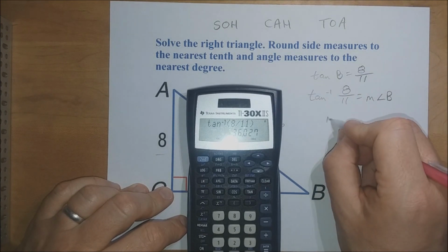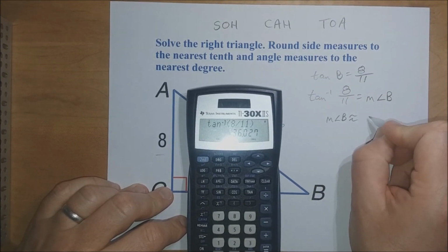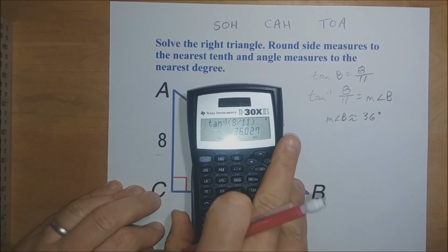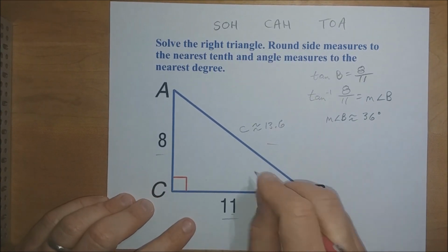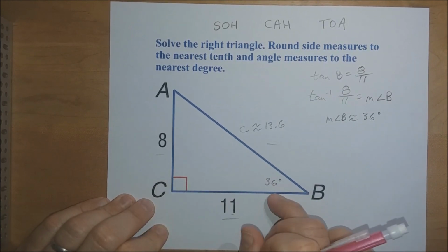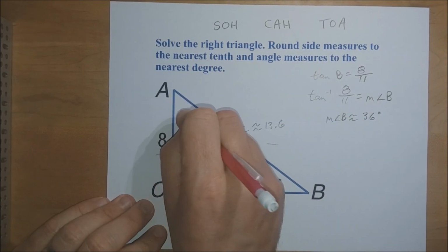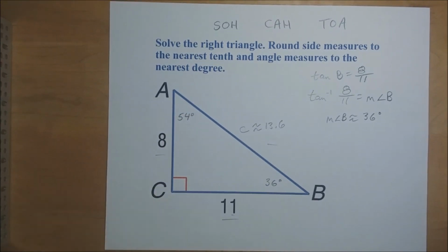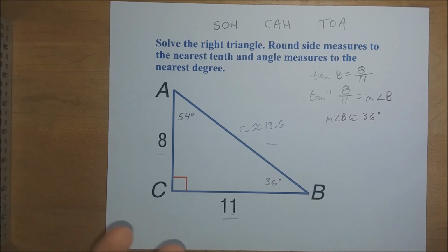So we're going to say the measure of angle B is approximately 36 degrees. Okay. If angle B is 36 degrees, what's the measure of angle A going to be? 90 minus 36 gives me 54 degrees. And there we've solved our right triangle. All right, that is trigonometry. Basically, from our trig functions to our inverse trig functions.